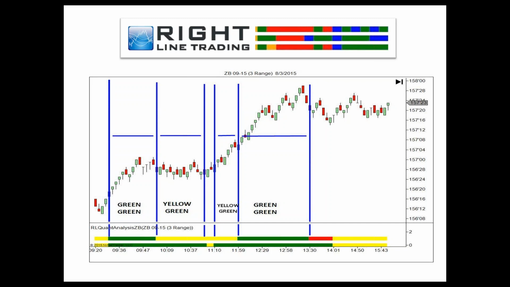Well, this indicator does it for us. And you can see that bonds rise, that the quant lines are green, not because bonds rise. Bonds rise because the quant lines are green. The quant lines are telling you that money is flowing strongly into bonds. And the positive predictive value of a long trade here is exceedingly high.